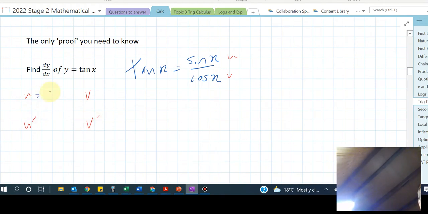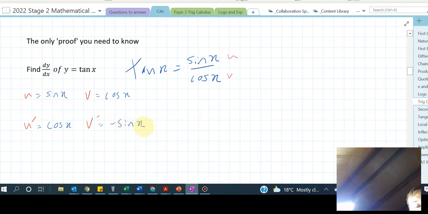If u is sine x, sine is simple, its derivative is cos x. If v is cos x, it's difficult, so it's minus sine x.